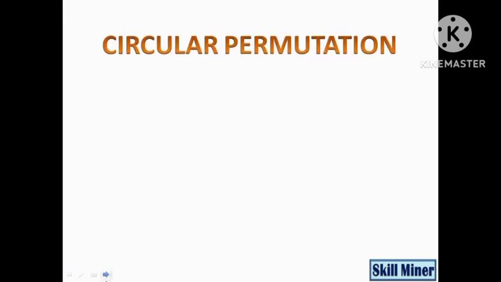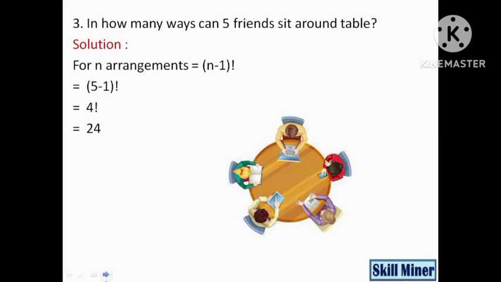Now we can move to the concept circular permutation. The question is, in how many ways can five friends sit around a table? If this were the linear permutation concept, you could directly write 5 factorial as the answer.